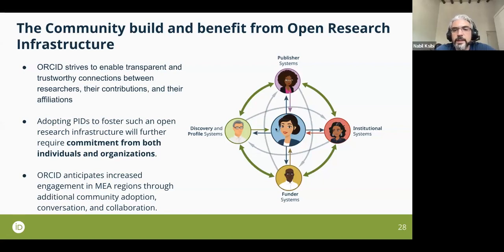But as I explained in the first slides, there are also interconnections between this researcher, the funding system, the publishing system, other discovery and profile systems, and also institutional systems. And these systems are communicating and interoperable between each other.